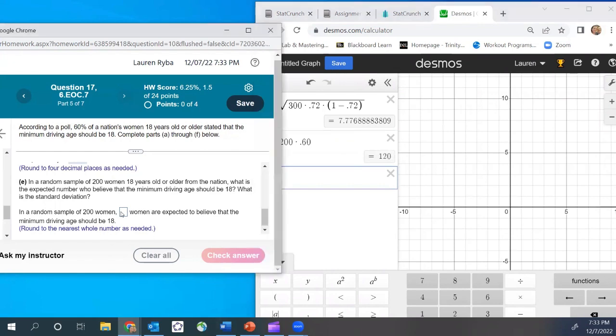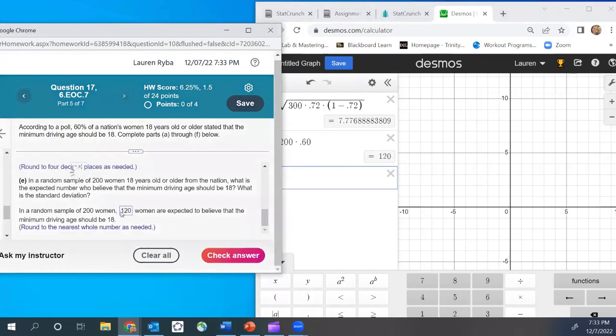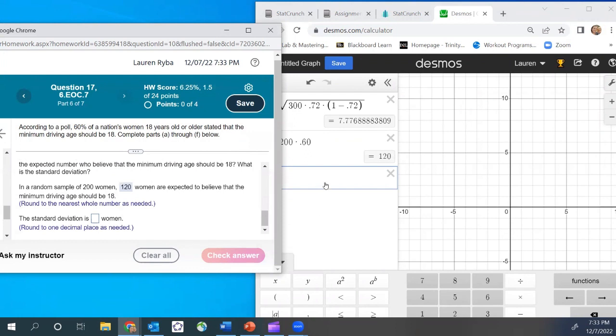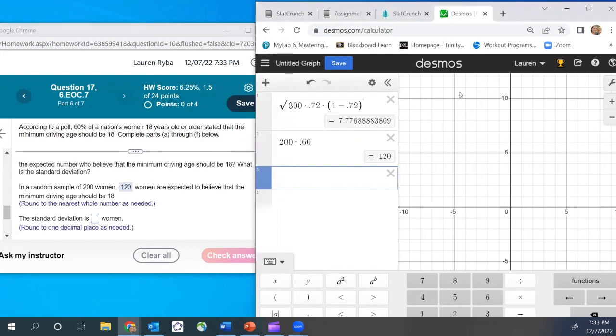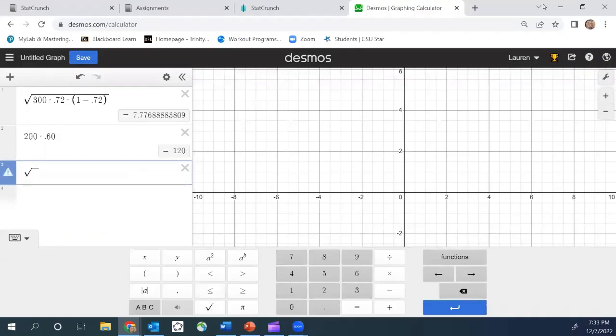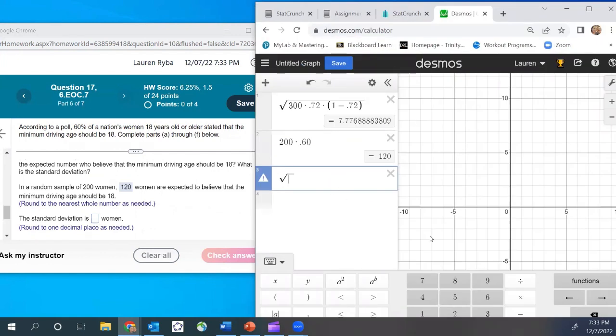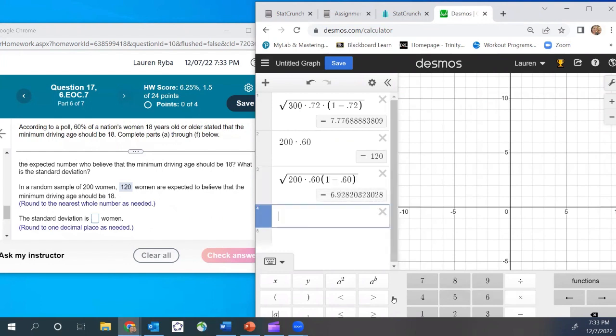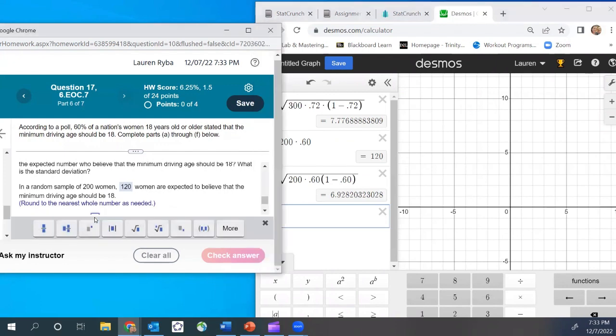So mean is 120. And then standard deviation, the square root of 200 times 0.60 times 1 minus 0.60. All right, standard deviation says to go to one decimal place, so 6.9.